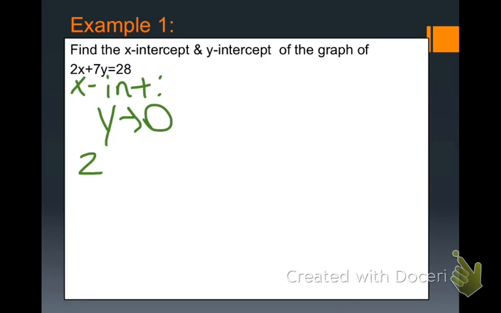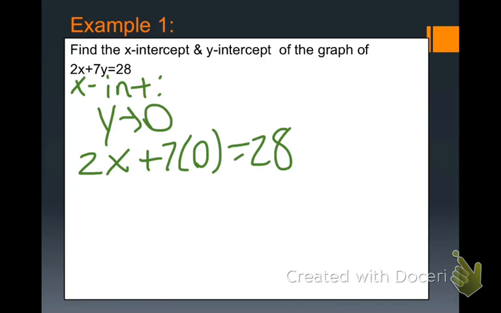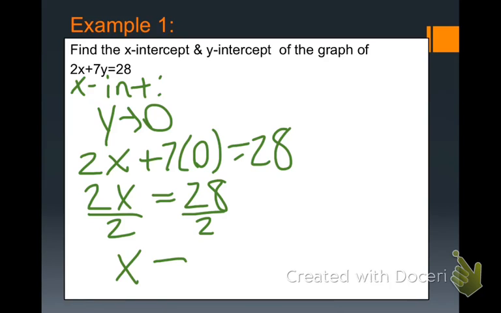So 2x plus 7 times 0 equals 28. Well, 7 times 0 is just 0, so we're left with 2x equals 28. And here's an equation that we know how to solve. Divide by 2 on both sides. 28 divided by 2 is 14. So our x-intercept is 14.